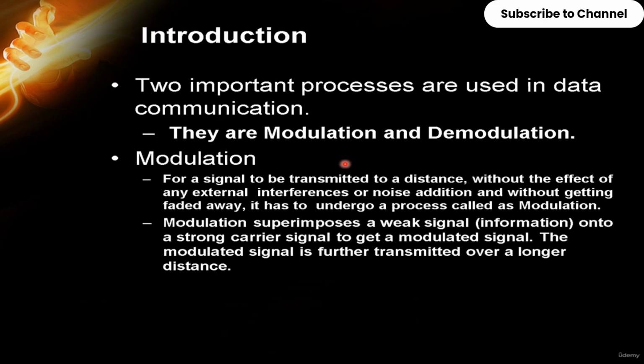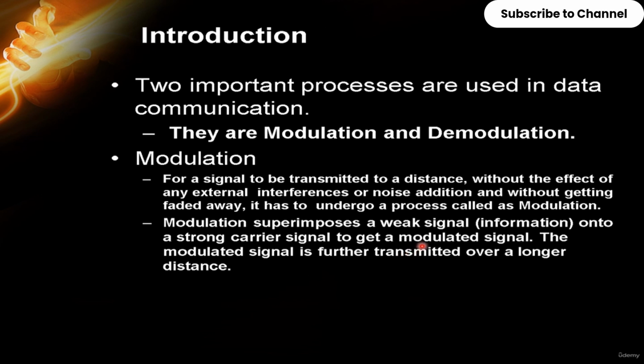Modulation is used in signal transmission for long distance communications. So that signals are transmitted from sender to receiver without any interference or noise, the signals need to undergo a particular process called modulation. It improves the strength of the signal without disturbing the other signals.